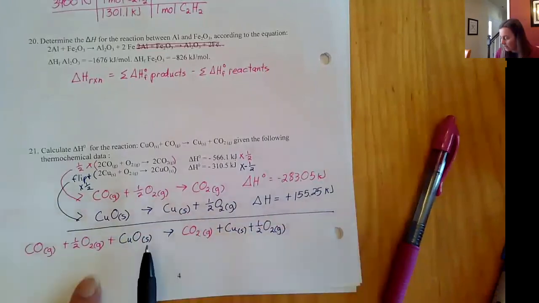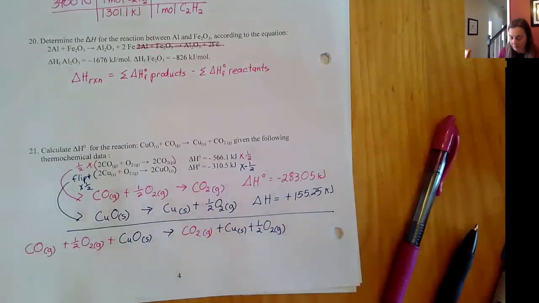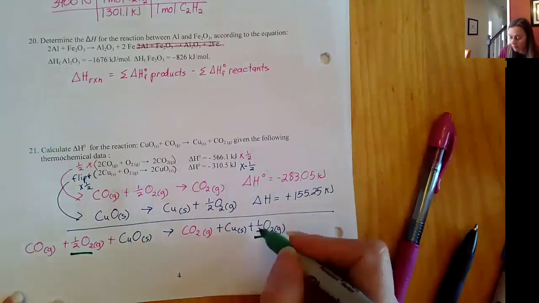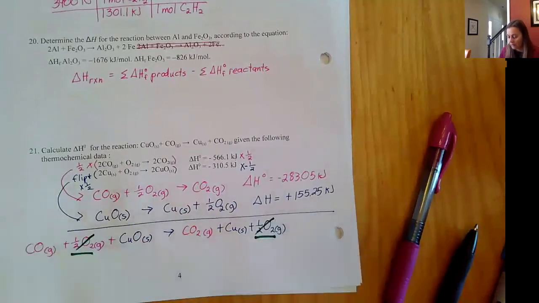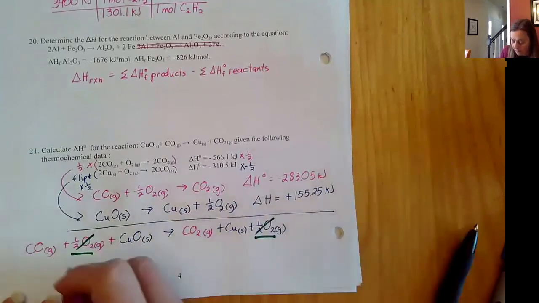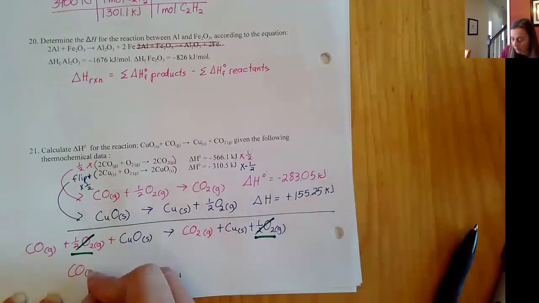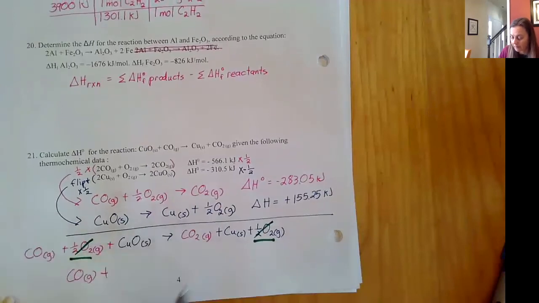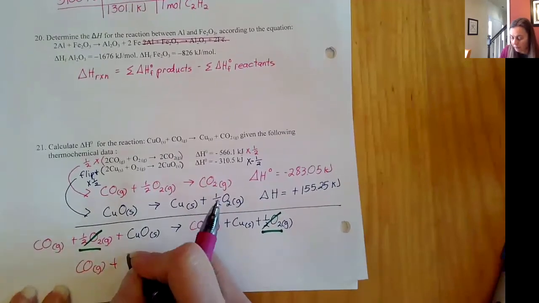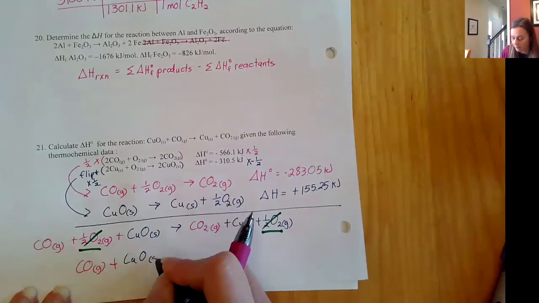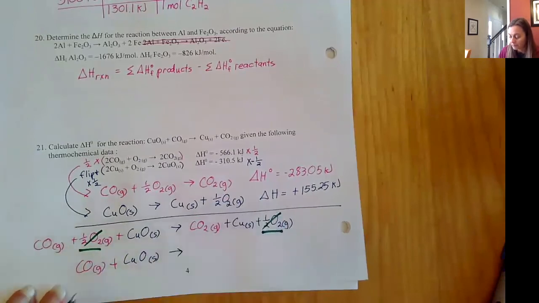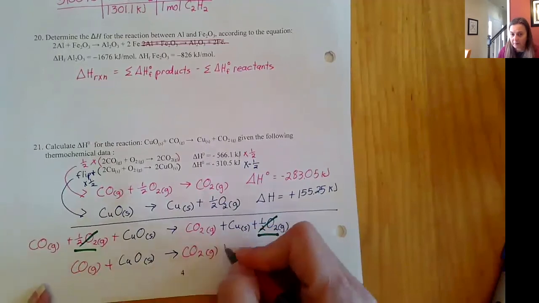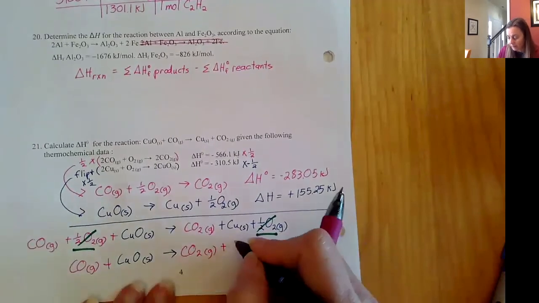And we can see that we have this oxygen here and oxygen here. So we're going to cross those out and we're going to wind up with carbon monoxide gas plus copper 2 oxide solid yields carbon dioxide gas plus solid copper.